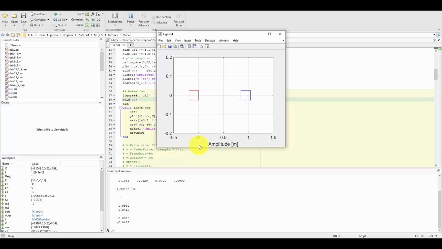So notice the red one is mostly just oscillating back and forth in that cosine, and blue has a more complicated looking oscillation pattern. And I'll run it one more time so we can see those oscillations happening. So again, x1 just basically going back and forth, and the blue one has a more complicated trajectory.